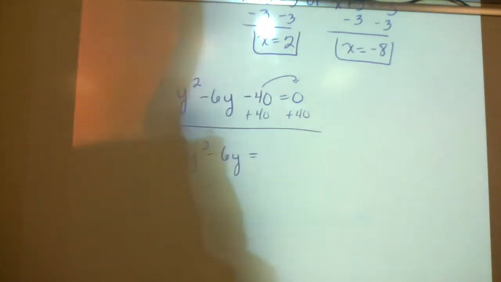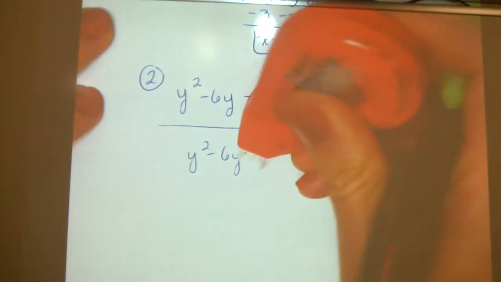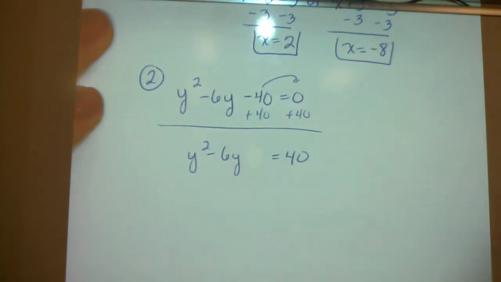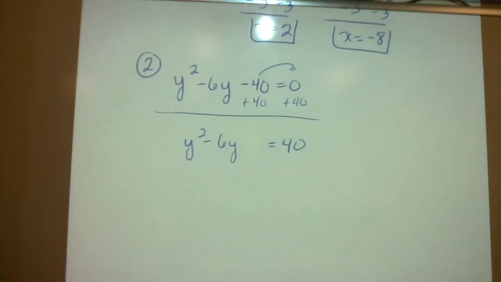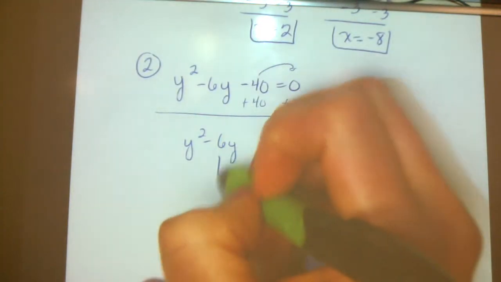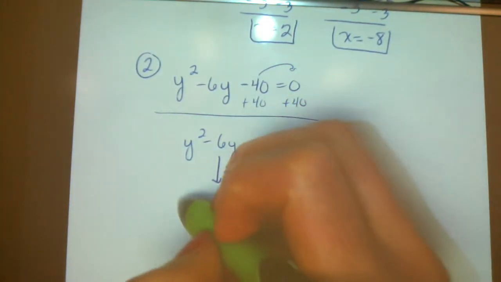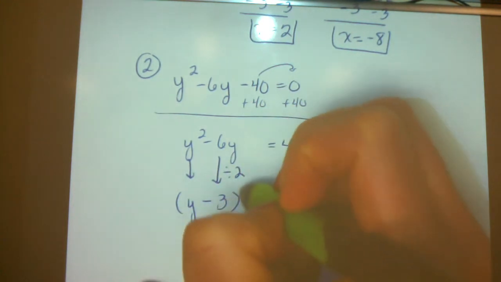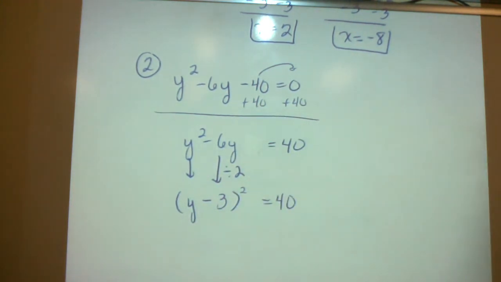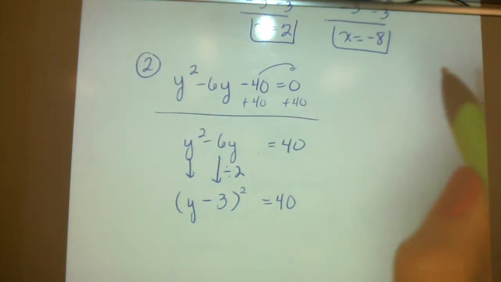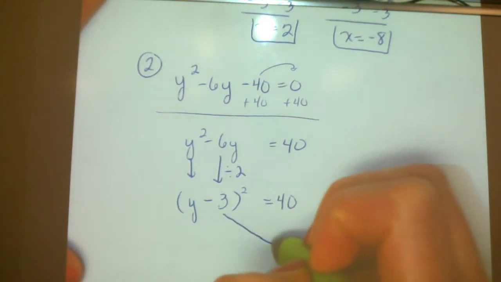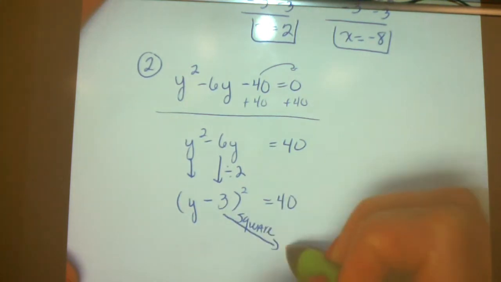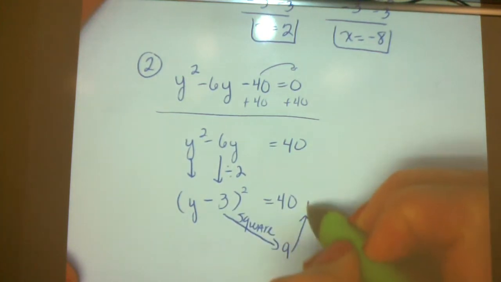I'm leaving space for a step that I actually skip, but anyway, let's take this number and divide by 2. I'm going to take one of these y's, put it here. I'm going to square that negative 3. Negative 3 squared is a positive 9. I'm going to add that over here.